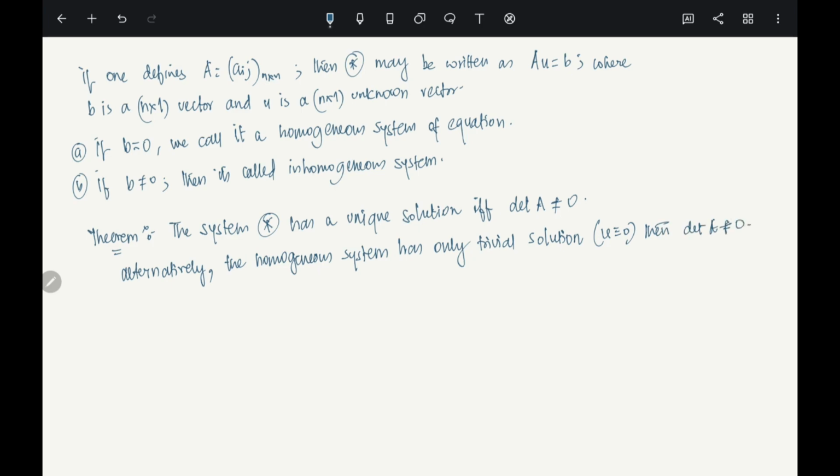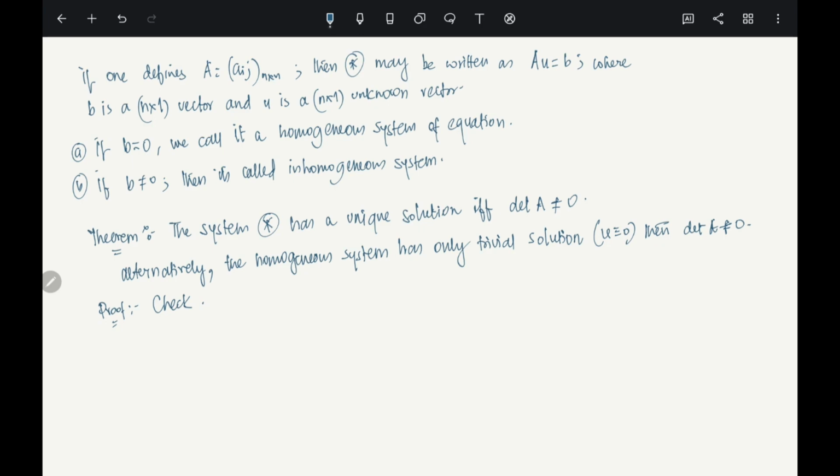So if A is non-singular, then you have a unique solution and vice versa. The proof, I am not doing it, this is very easy to do. Please check this. We are going to use this theorem.